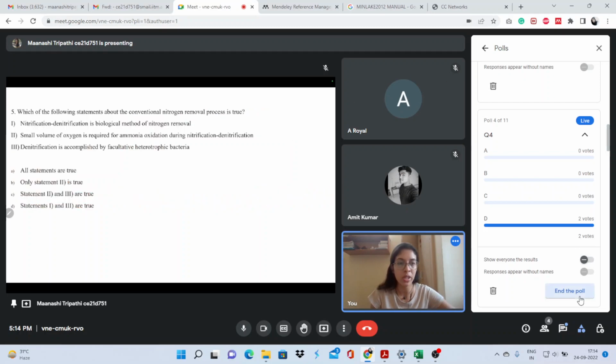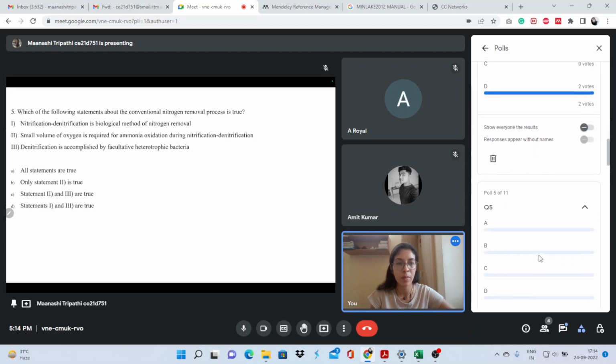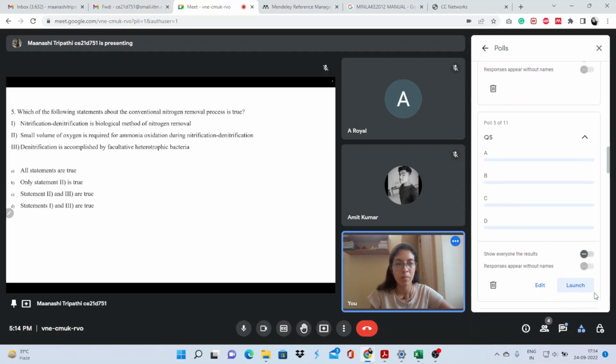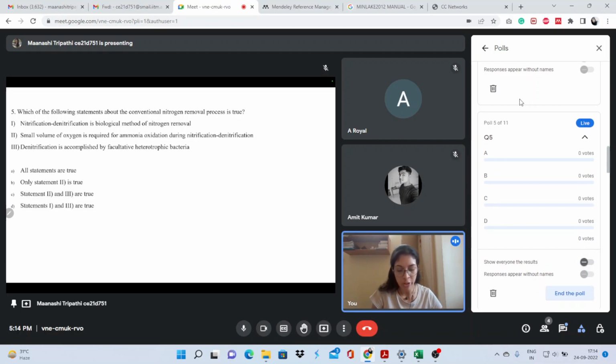So this is question number 5. Polls for question number 5 are live now. Which of the following statements about the conventional nitrogen removal process is true? We are talking about nitrogen removal. Nitrification, denitrification is the biological method of nitrogen removal.